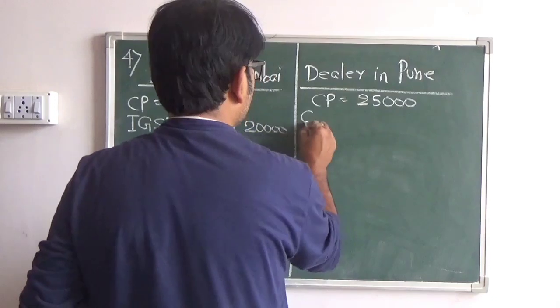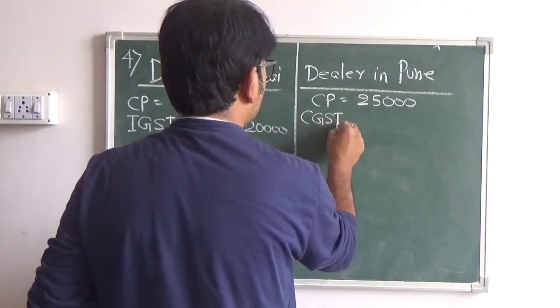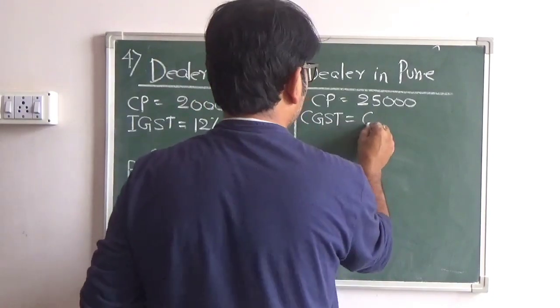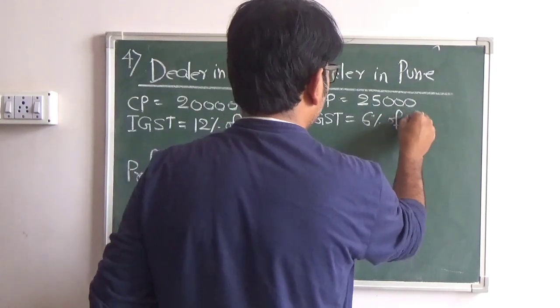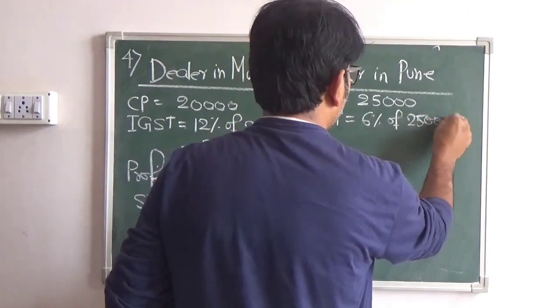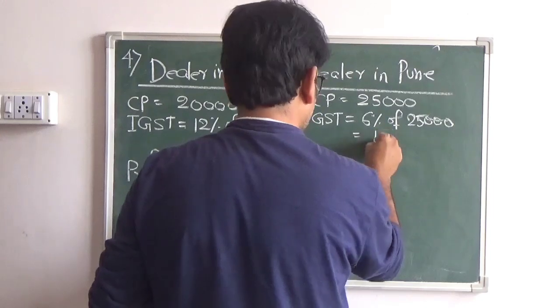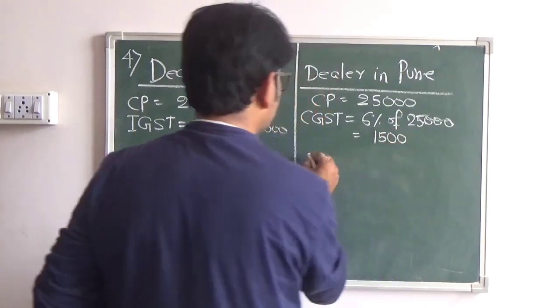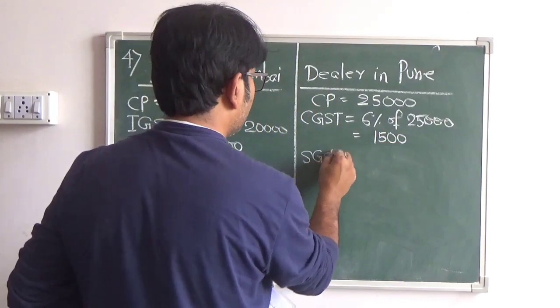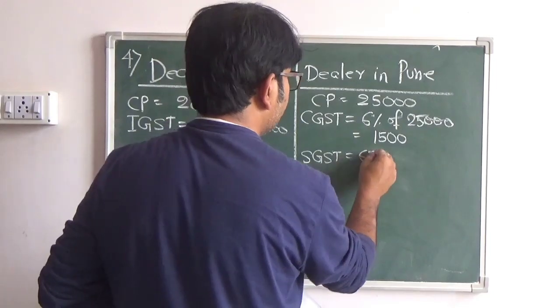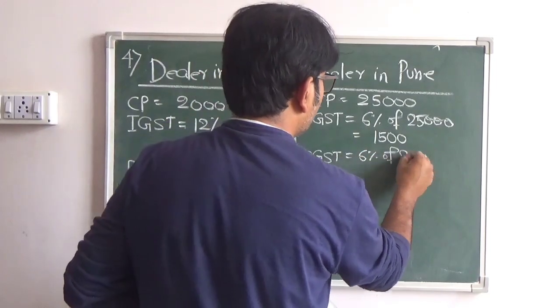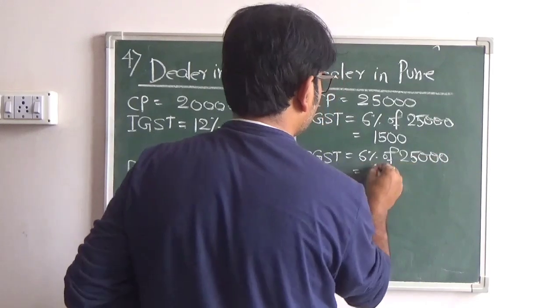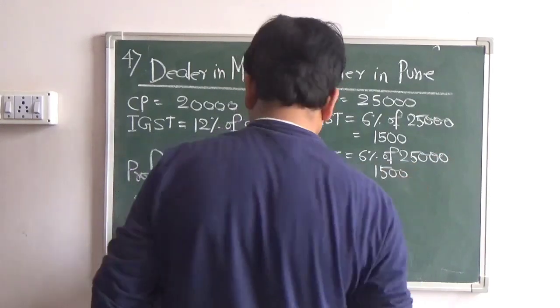CGST is equal to 6% of 25,000, that comes to 1500. Similarly, SGST is also the same, 6% of 25,000, which equals 1500.